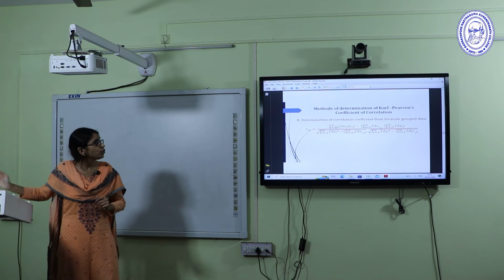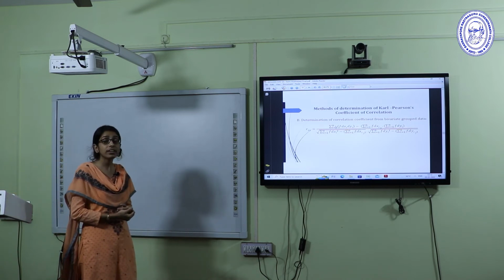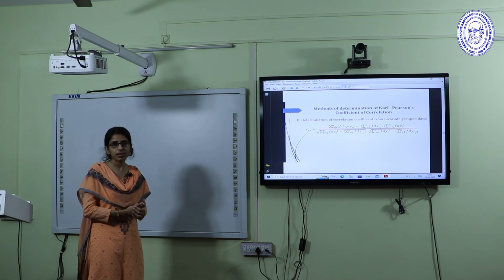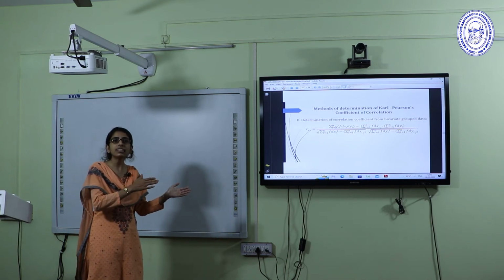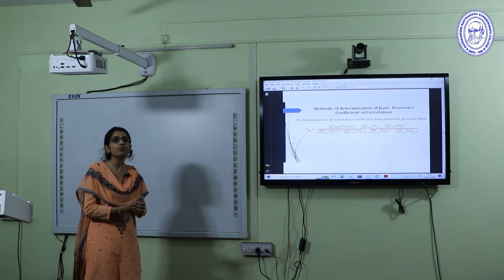Now we come to the determination of the correlation coefficient from bivariate grouped data. Previously we discussed a number of methods for ungrouped data.